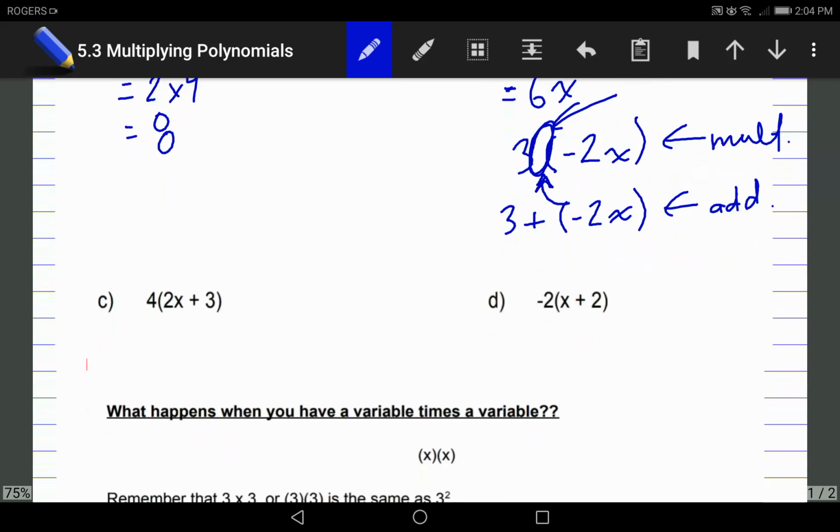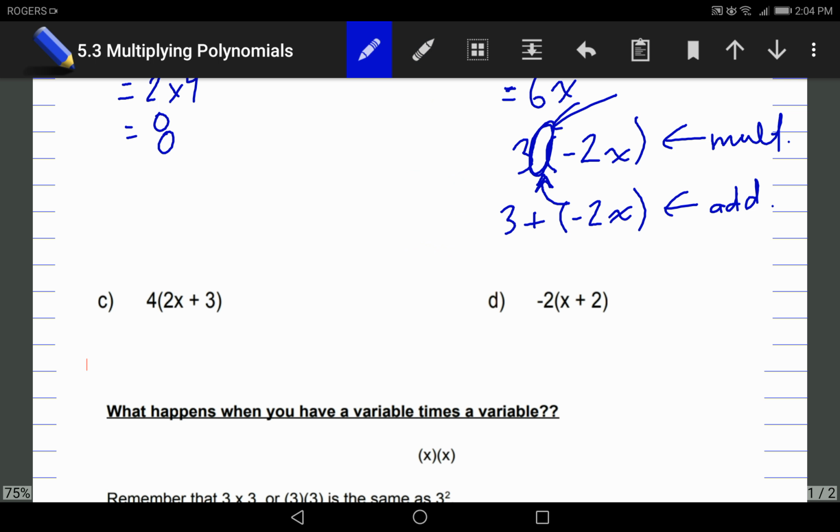What if we did 4 times, because remember there's multiplication in between the number and the sets of brackets, what if we did 4 times all of 2x plus 3? It's not just 4 times 2x, because look at what's in the bracket. It's all of 2x plus 3, and you're multiplying 4 by everything in the bracket.